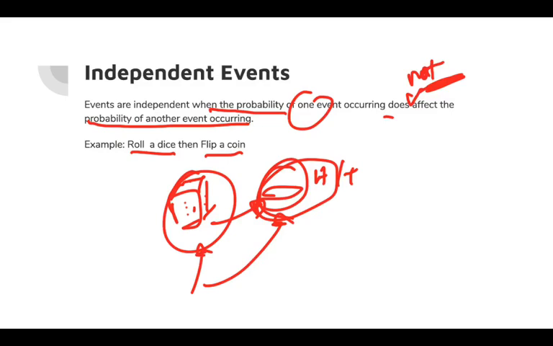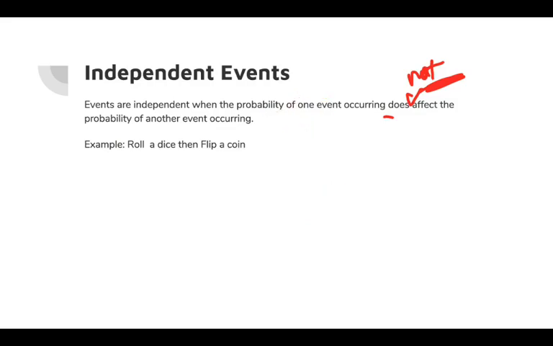If you think back to sampling with and without replacement, if you sample without replacement, then your events are not independent, because you're changing the probabilities of everything else behind it.